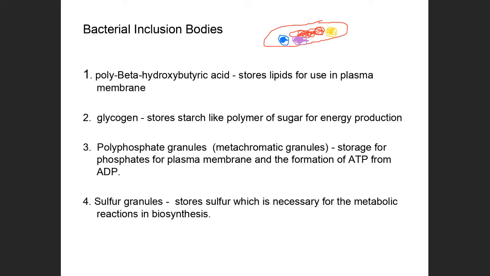The first one is called polybeta hydroxybutyric acid. And this is the way bacteria store lipids. Now they store lipids mostly for the formation of new plasma membrane, the only membrane they have, during binary fission from one cell becoming two cells. They're going to need to build more membranes so that each of the cells has a complete cell, okay?